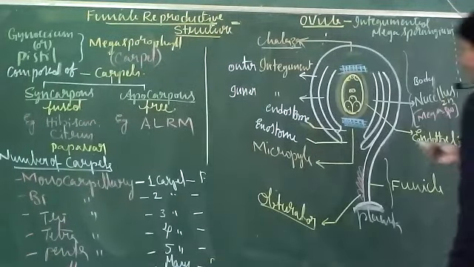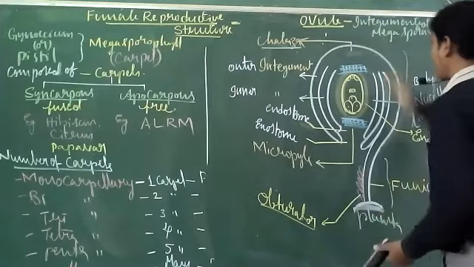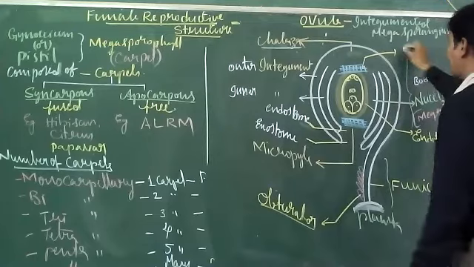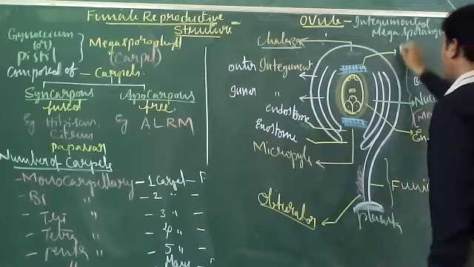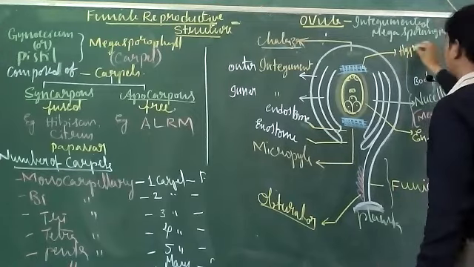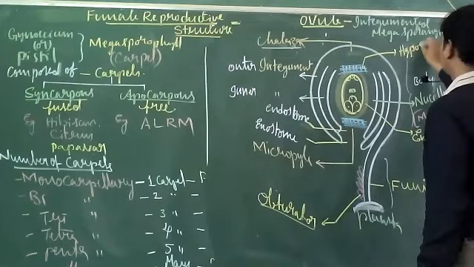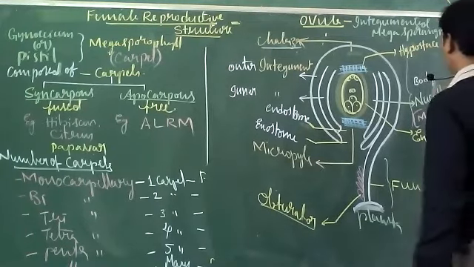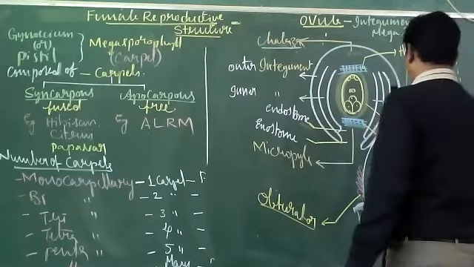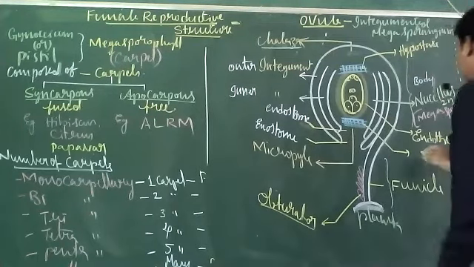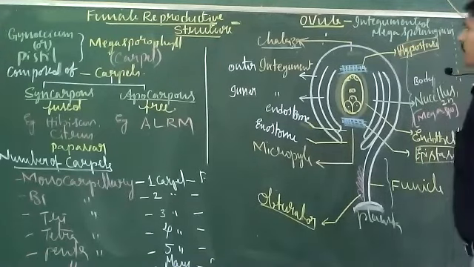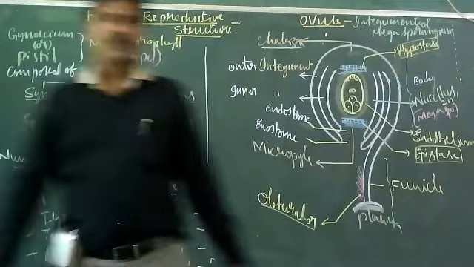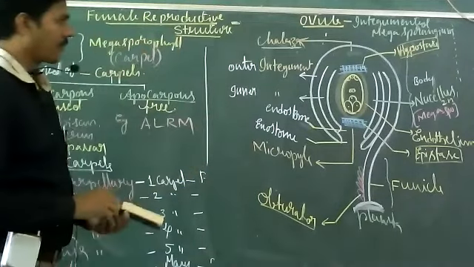Lignified collenchymatous tissue below the embryo sac is called hypostasis, and above the embryo sac, epistasis.